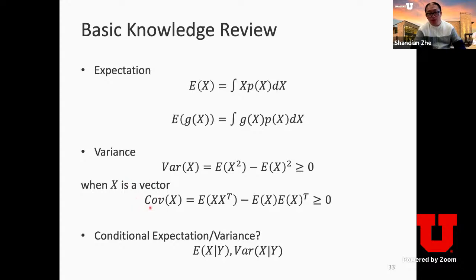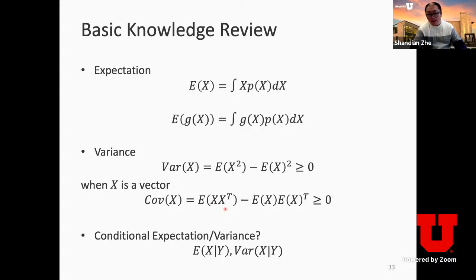The diagonal part of this covariance matrix describes the individual variances of each element, but the off-diagonal parts represent the statistical correlations between different elements in this vector. The definition is similar, but in a matrix-vector form.